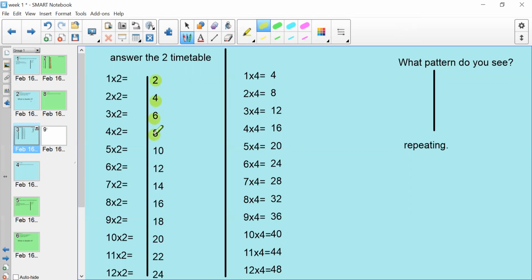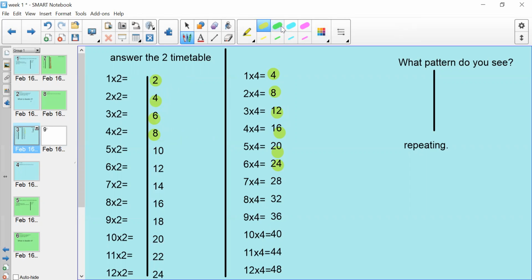So 2, 4, 6. That's a pattern that's repeating. It's getting bigger by 2 each time. And you might have noticed the same with the 4 times table, is that your answers are getting bigger by 4 each time because we're multiplying by 4. So that's one pattern you might have noticed.